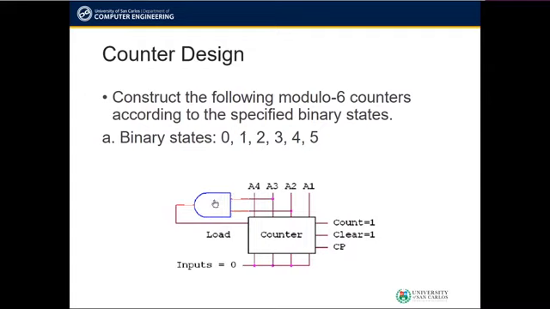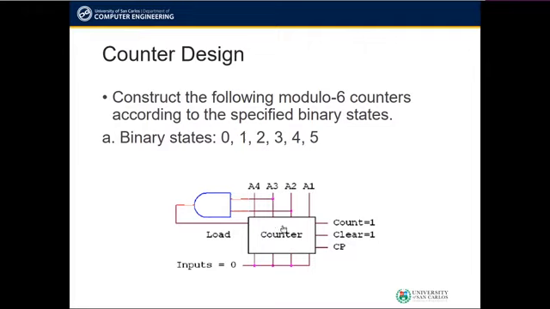So therefore, this AND gate will output 1, which will then trigger the load input and then load the parallel load inputs 0, 0, 0, 0 or binary 0 to the counter. When that happens, A3 and A2 will both be zeros again, and so the counting operation continues starting back at 0. Thus, the binary counts of 0, 1, 2, 3, 4, 5 shall keep on repeating.